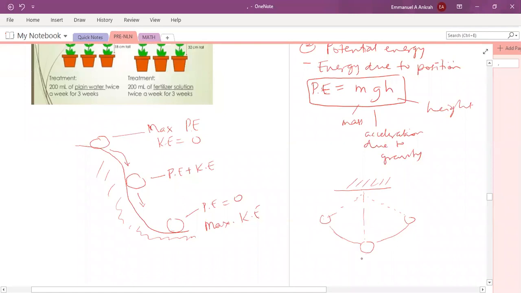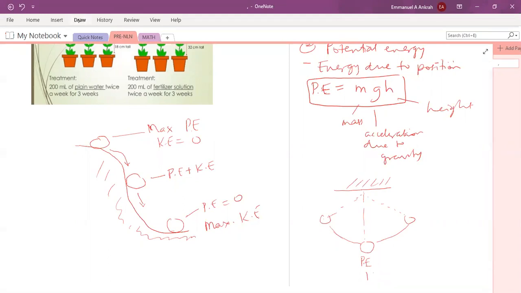When it's resting here, the potential energy here is 0, because it's at rest over here.